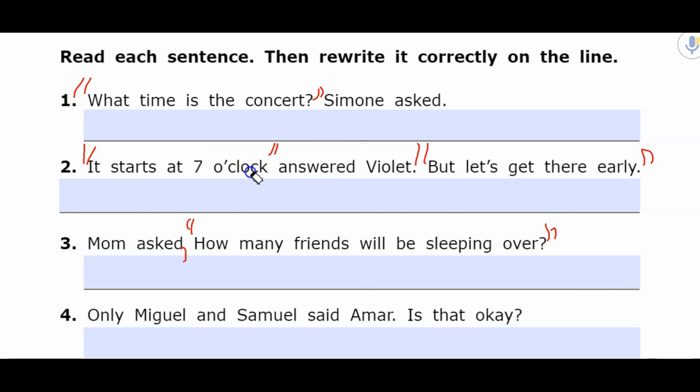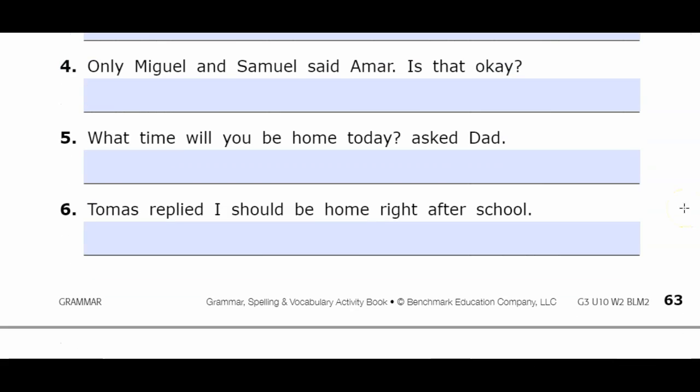Before only and after. Actually, there should be a period right here. So before only, and then after what? Samuel. And then before is and after the question mark. Correct. All right. So 5 and 6.